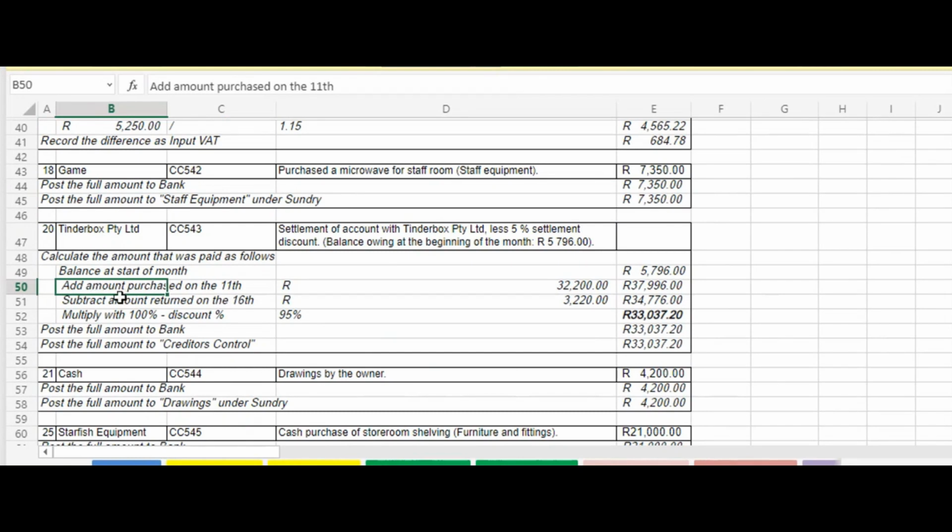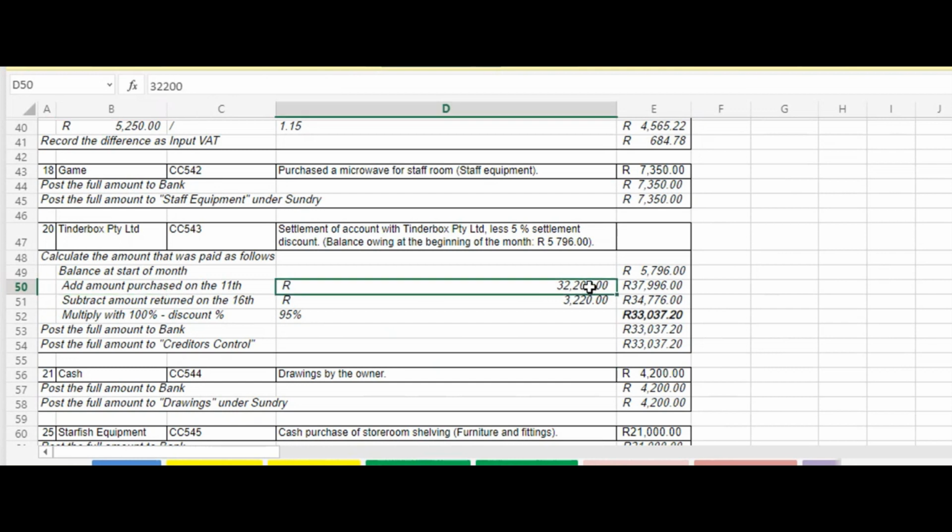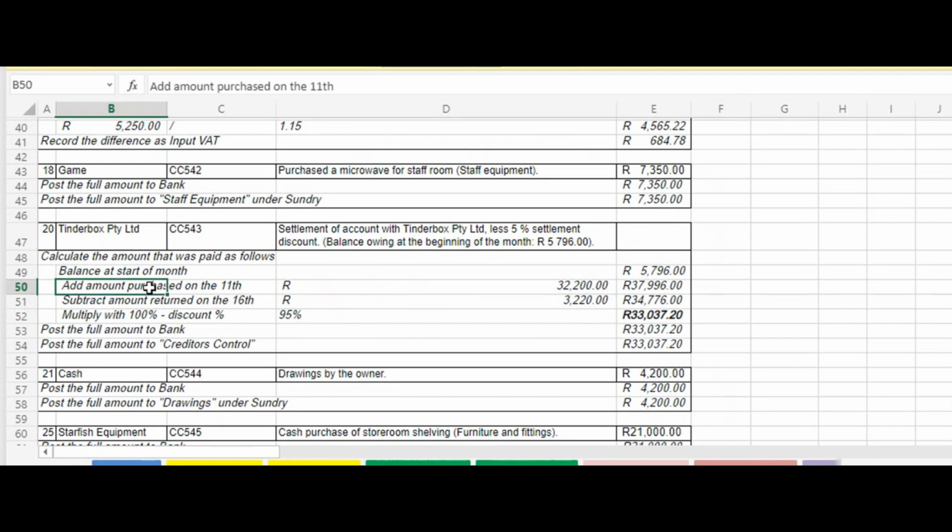So what do we say? We made purchases to the tune of 32,000 from Tinderbox on the 11th, but we returned some of that on the 16th, and the amount was 322. So we have to add the amount purchased, subtract the amount returned, and then we will get to the total, and then we must multiply this with 100% minus the discount.